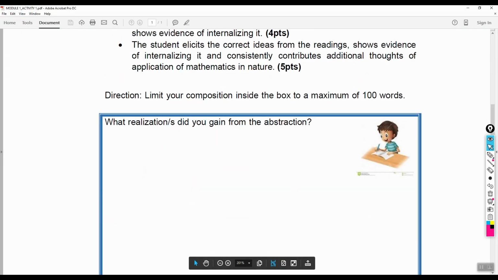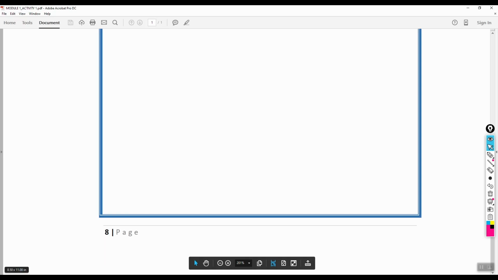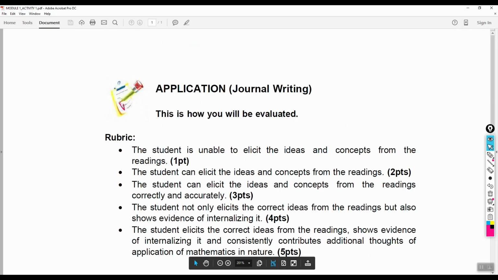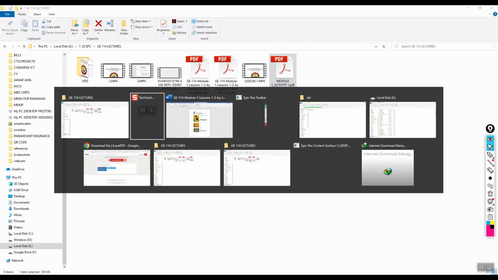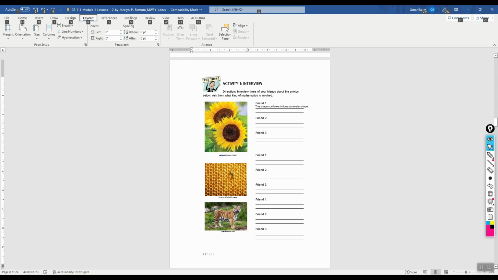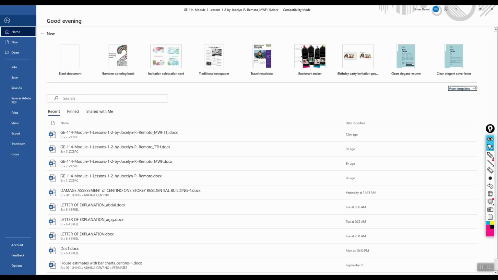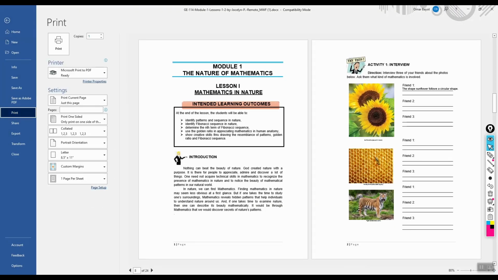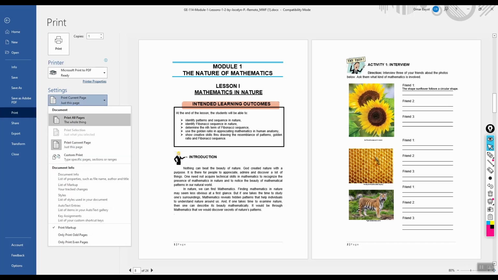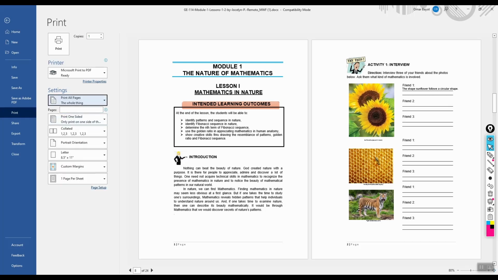So what you will do, we put page 8, but the computer reads page 8 as per this one here. So to make sure that the printed output will be correct, you need to go to Microsoft Word again, and then here, if you want to print this one, all you have to do is go and print, and make sure you have this option here.